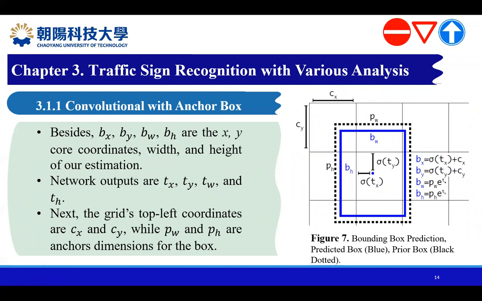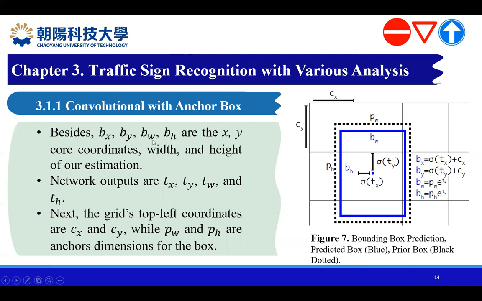Next, we want to discuss traffic sign recognition with various analyses. The first analysis, we focus on the anchor box, convolutional with anchor box. We can see in figure 7 the bounding box prediction. It is the predicted box in the blue color and the prior box in the black dot.